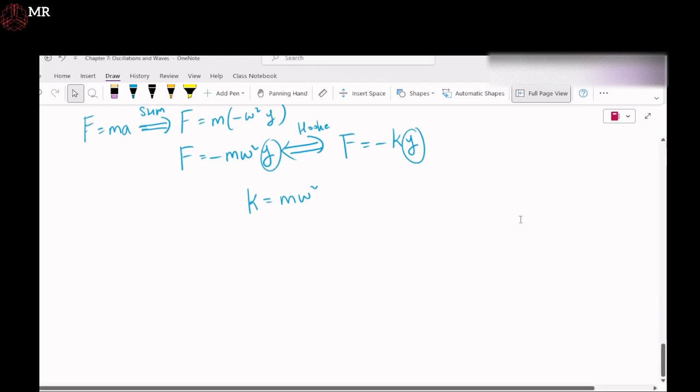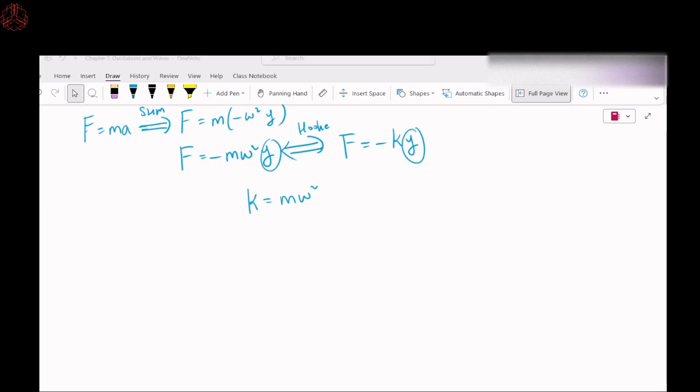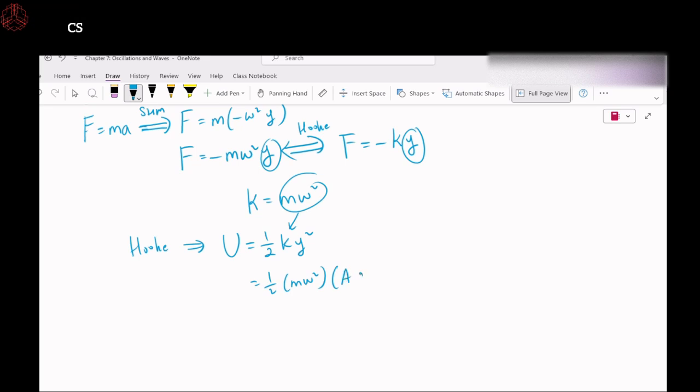So then, I can consider that for a spring, its potential energy is equal to half ky squared. I can substitute k into that, so I'm left with half m omega squared y squared. Again, remember your y is simply a sin omega t, squared.